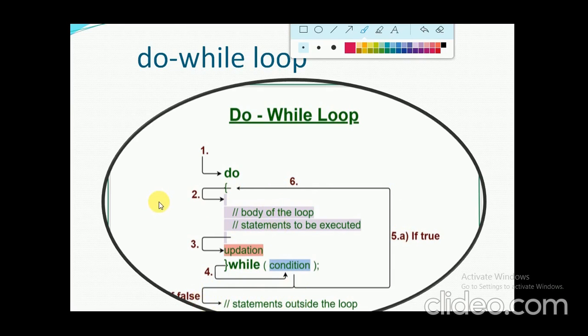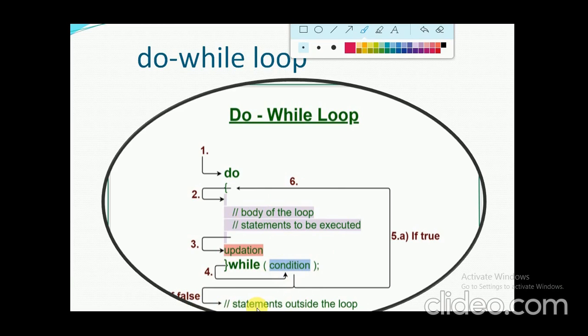That means in while, first the condition is tested, then if the condition is true, the body of the while is executed. Whereas in do while, without checking any condition, the body of the statement is executed once, then updated, then tested. If the condition is true, the process is repeated like while. If the condition is false, control comes out of the do while.